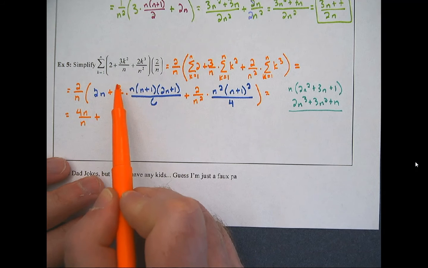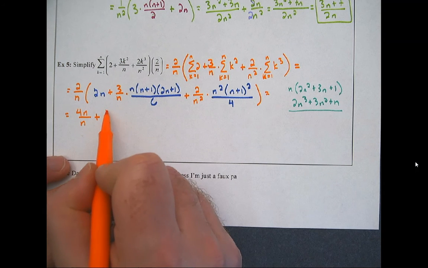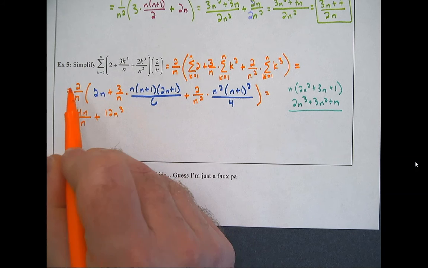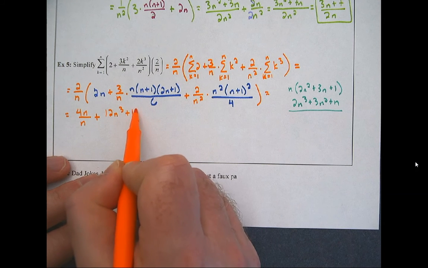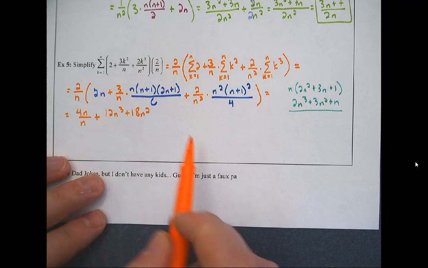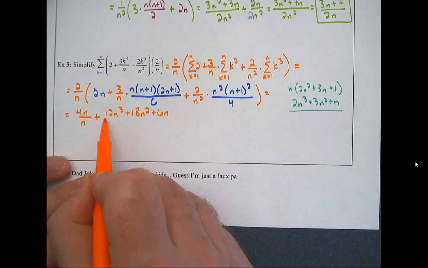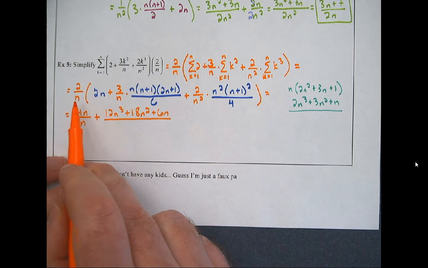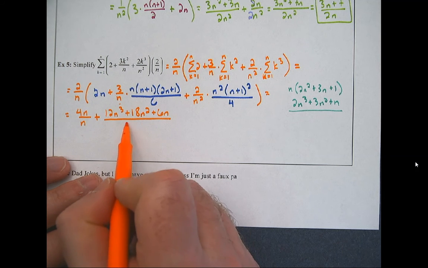So 2 times 3 is 6. 6 times 2n cubed is 12n cubed. 6 times 3 is 18n squared. 6 times n is 6n, all over n times 6 is 6n squared.